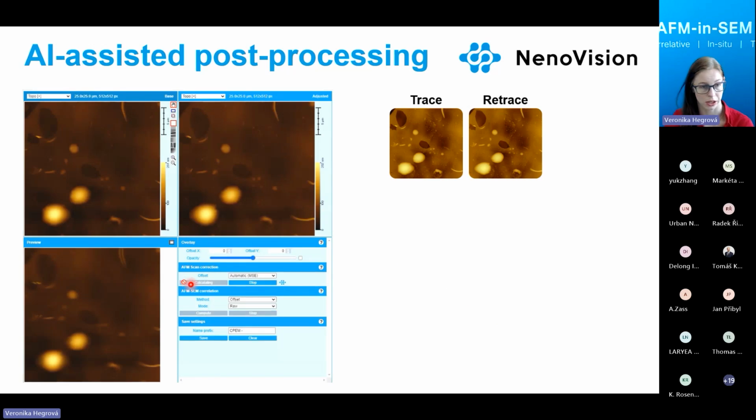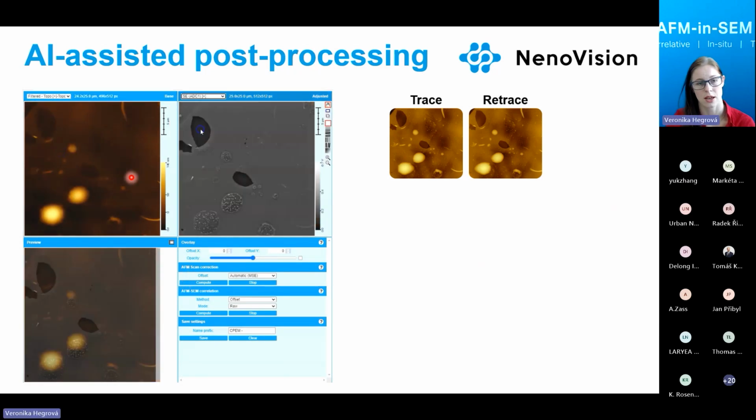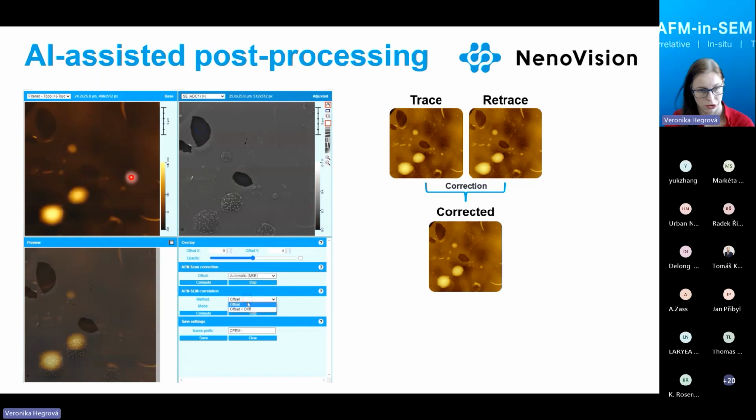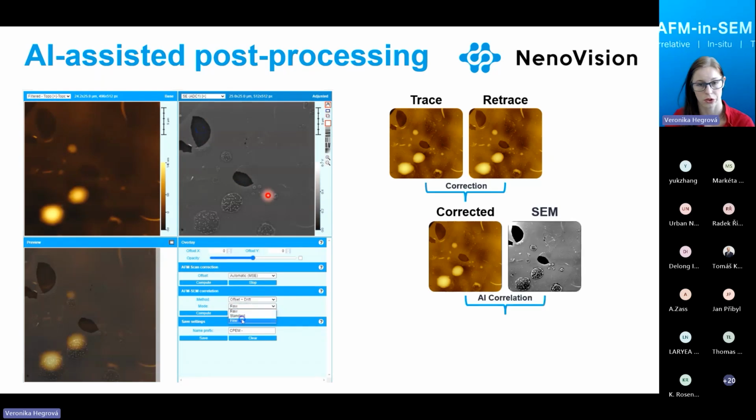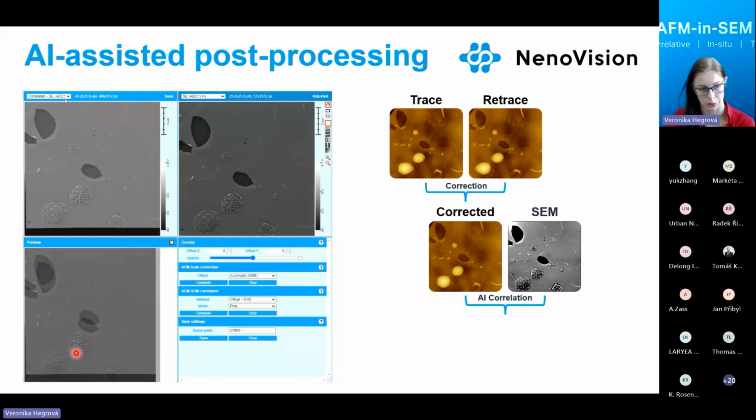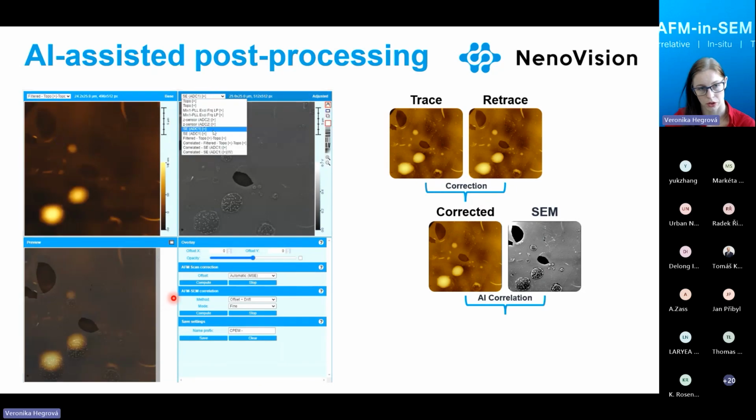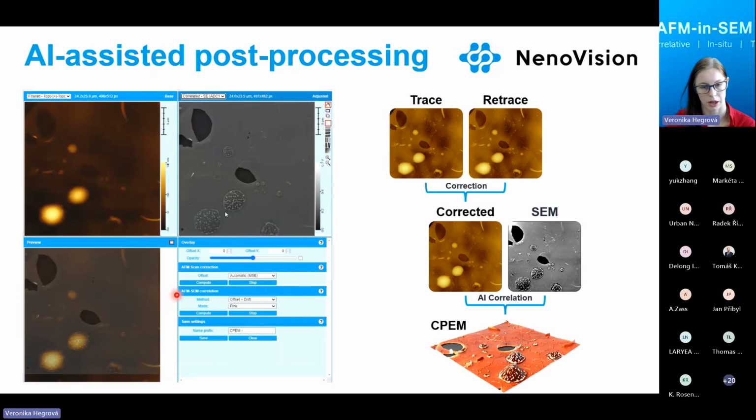First, calculating the offset for the correction of artifacts, and we have it corrected. And second, correlation of AFM and SEM data. On the left side bottom, we see how it moved one onto another, and we have the correlated image. So it detected the features very well.